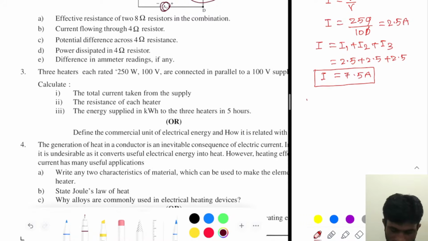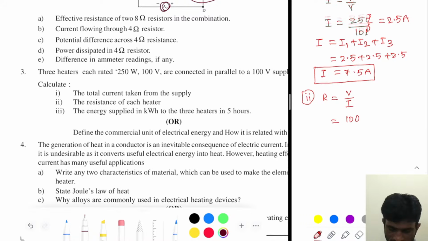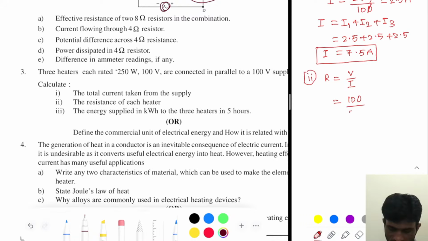Next question, the resistance of each heater. We want resistance. Now we know current and voltage. What is R? R is equal to V by I. Now V is 100 and I is 2.5.